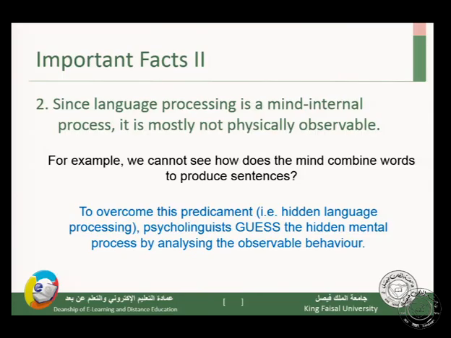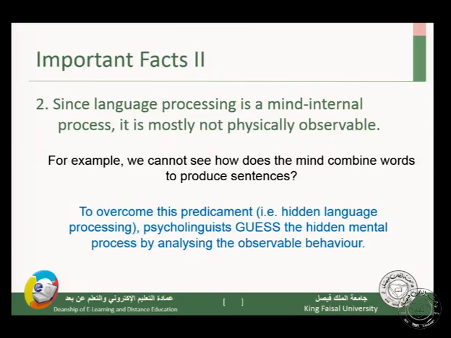Okay, I'm going to explain what this means. Of course, it's a difficulty that we cannot see language production. If we had a look inside the brain, we cannot see words. We cannot see how the brain creates language or sentences.